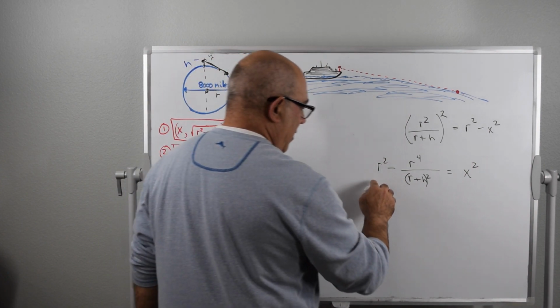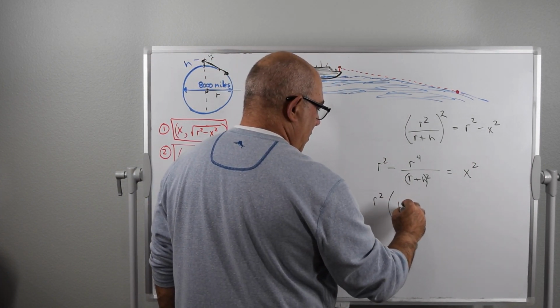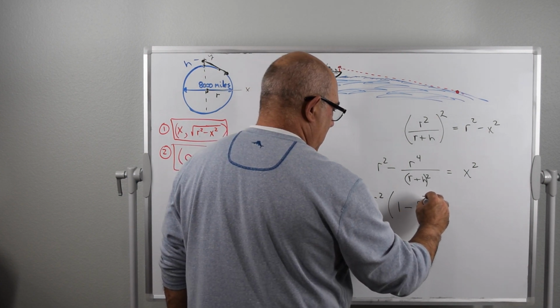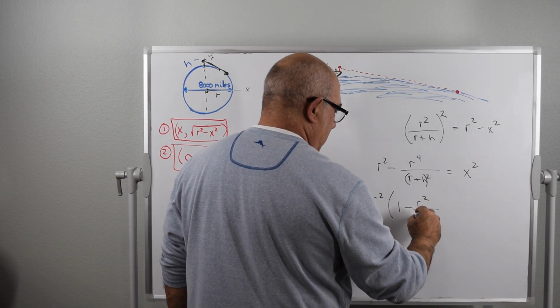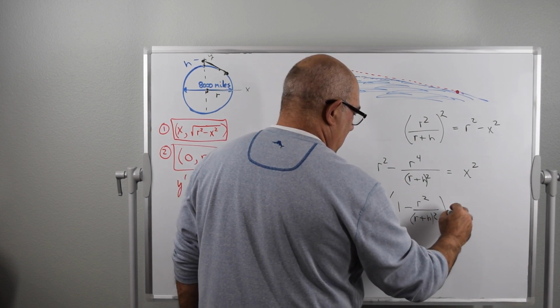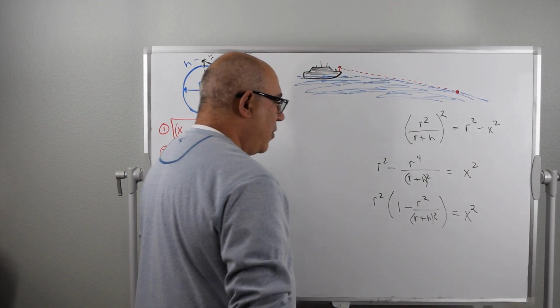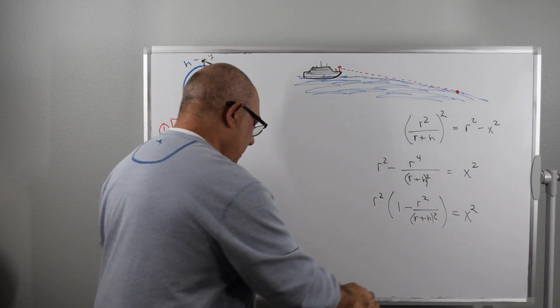Now we can factor out an r squared. So we'll factor out an r squared. That means this is r squared times 1 minus r squared over r plus h quantity squared equals x squared. So now we can solve for x finally.